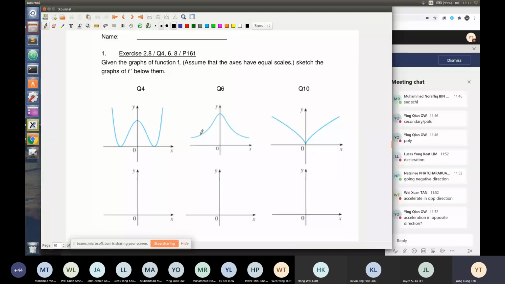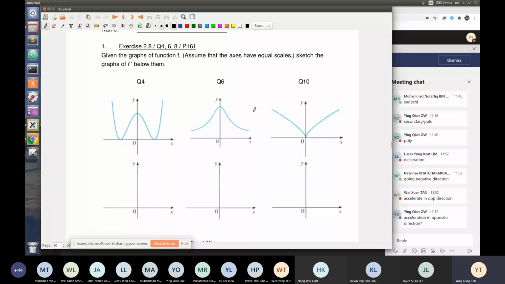Let's look at question 1. Given the graphs of f, assume the axes have equal scales, sketch the graphs of f prime below them. As I mentioned before, for sketching of graphs, it is best to firstly sketch those points where you have 0 gradient, which means that the tangent of those graphs are 0.